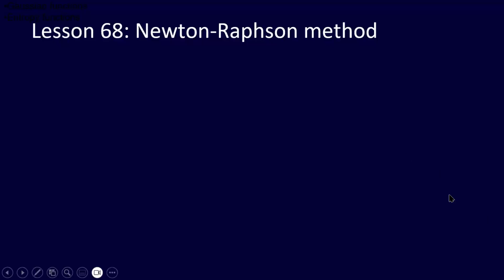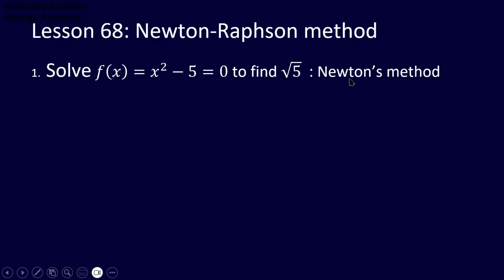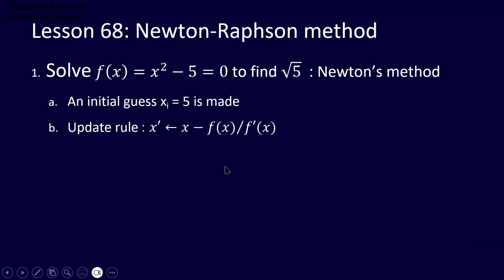I don't know how familiar you are with this idea, but the basic idea is that we can use the Newton-Raphson method, or Newton's method, to find the square root of 5. So the idea is to set an initial guess as x equals 5, and this time the iteration is like this: x prime equals x minus f of x over f prime of x.